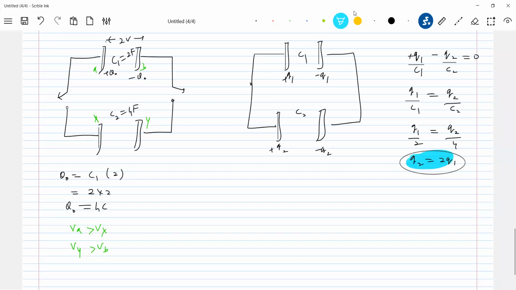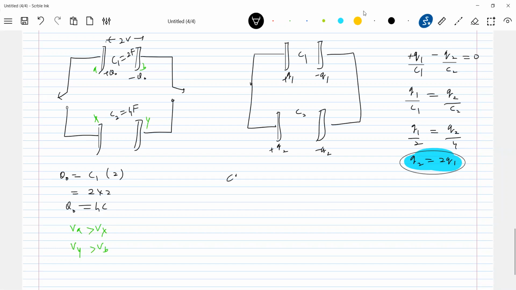How many unknowns are there? Q1, Q2. I need one more. So I'll go for charge of isolated junction. Look at these two plates. What was the charge of these two plates? This plate was having charge Q naught and this is 0. This plate was having charge minus Q naught and this is 0. So the charge of these two plates must be conserved. Or if you want, you can write J1, J2, anything.